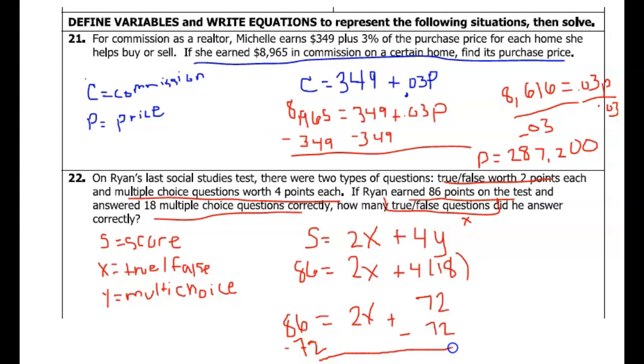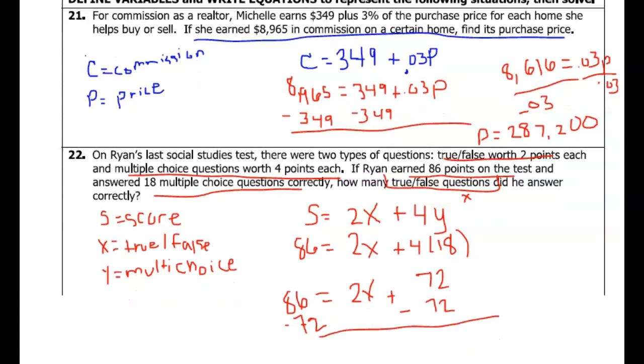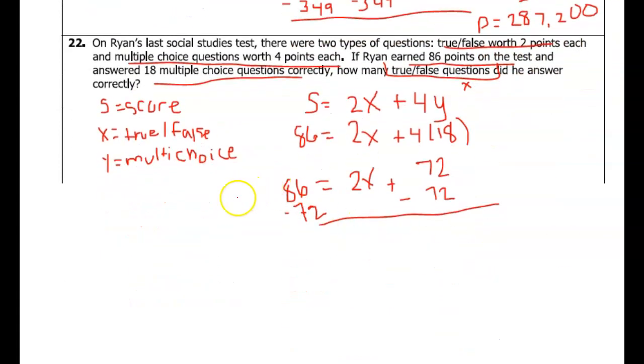I'm going to pull this down so I can get some space. When I subtract 72, I end up with 14 equals 2X.